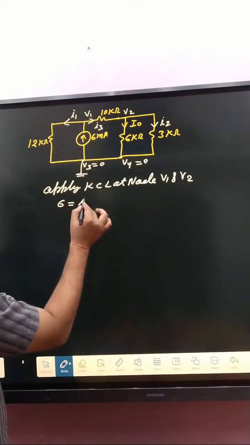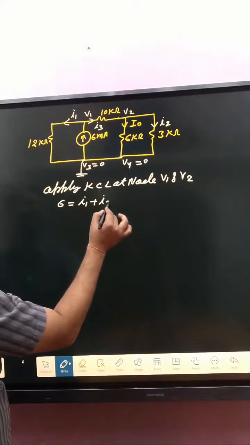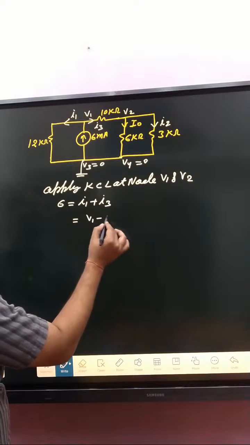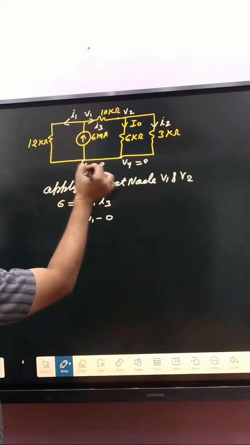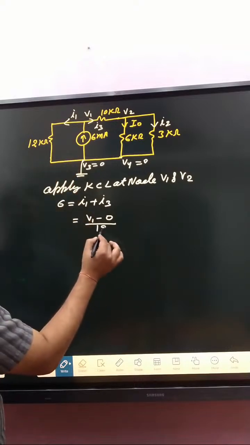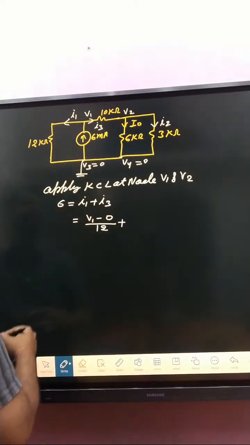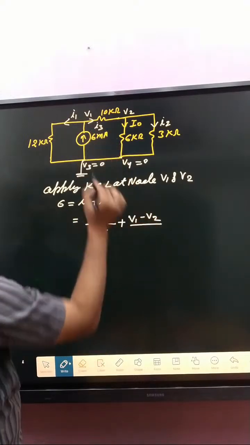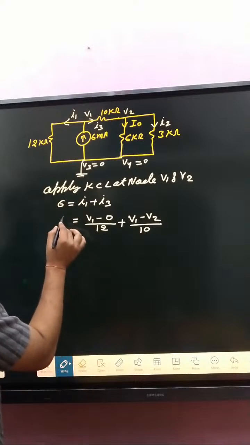Outgoing current is I1 plus I3. I1 is V1 minus 0 over the total resistance in this branch, which is 12. I3 is V1 minus V2 divided by 10 kilo ohm.